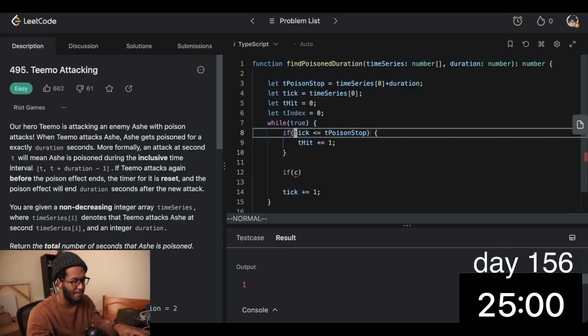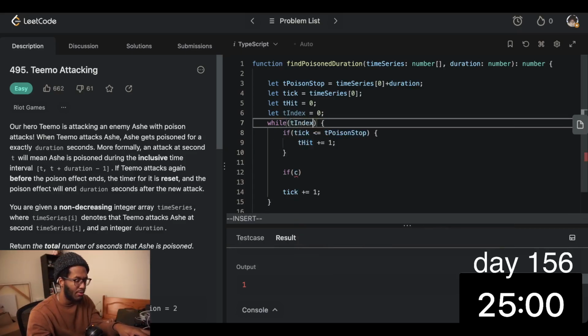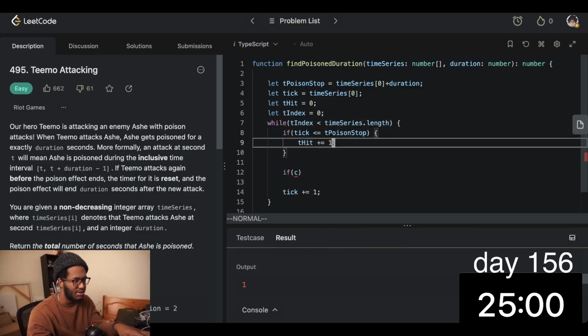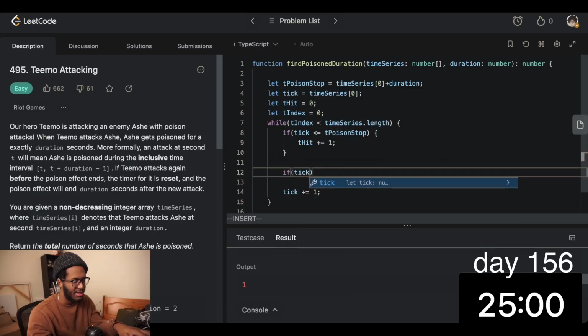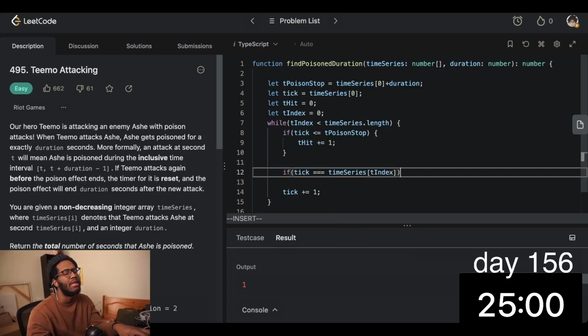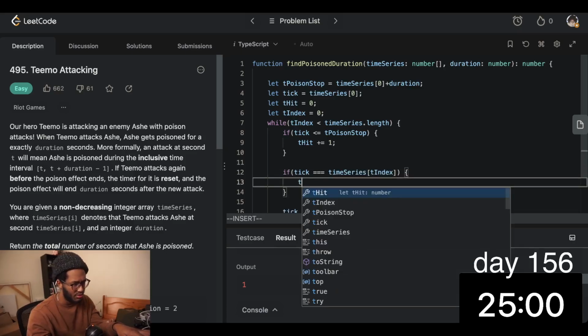So our loop will run while T index is actually less than time series dot length, and we'll know if tick equals time series sub T index, then it's time to move the goalpost.